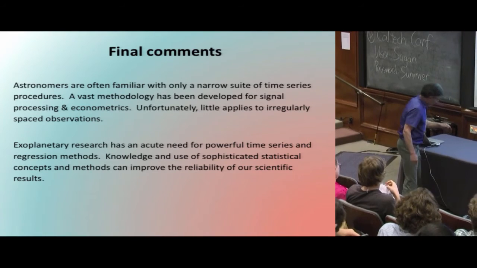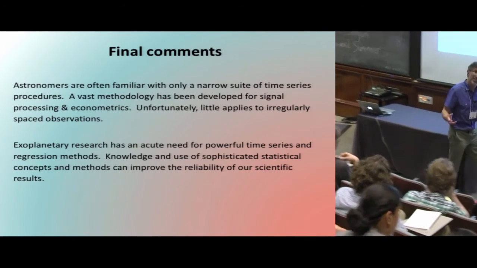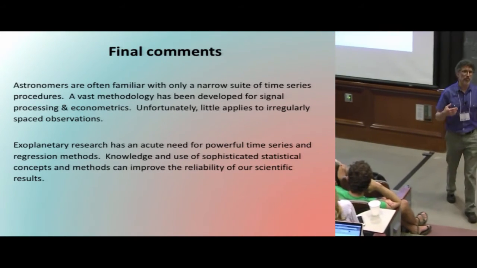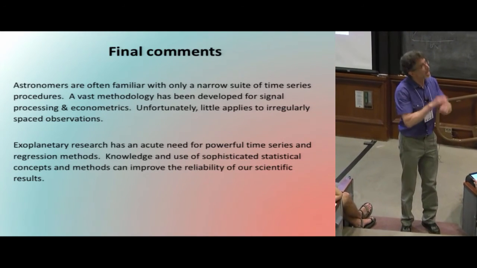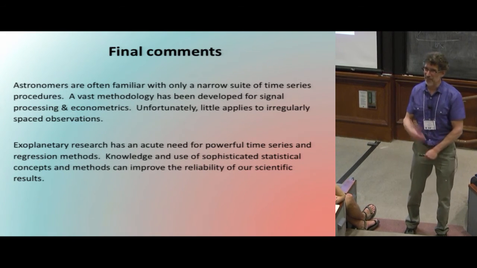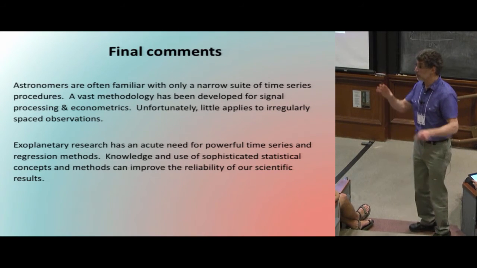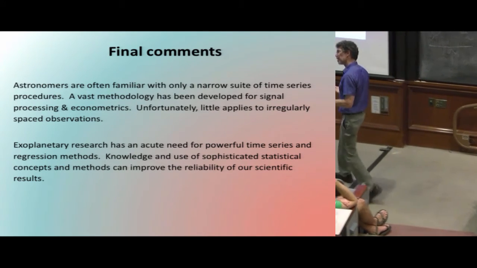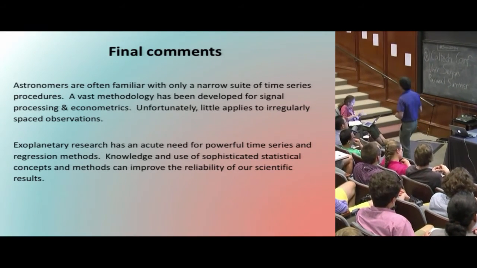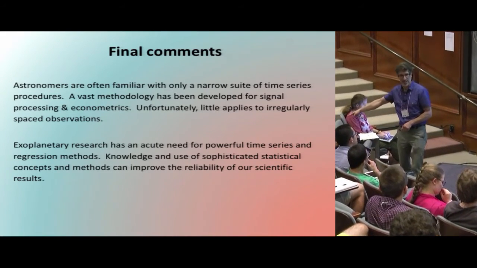Okay, but we all need powerful time series and regression methods, and they do exist. And we should be using these more sophisticated methods to improve the power of our science analysis and the reliability of our analysis. But frankly, the kind of problems we have, the 5-planet problem with irregular spaced data, with high dimensional parametric models, nonlinear models like Kepler had, is such a difficult problem that statisticians can't just open up a book and say, hey, there it is on page 322.